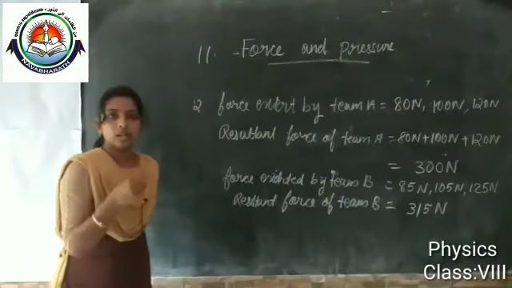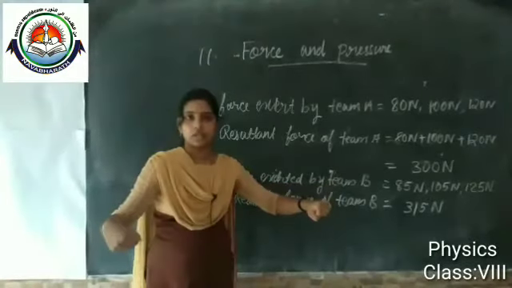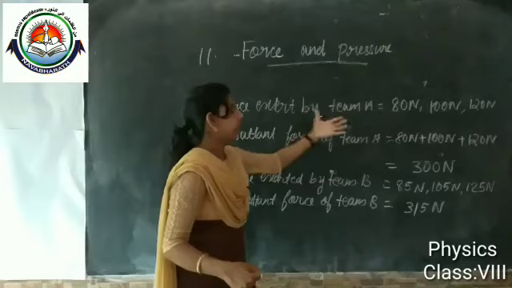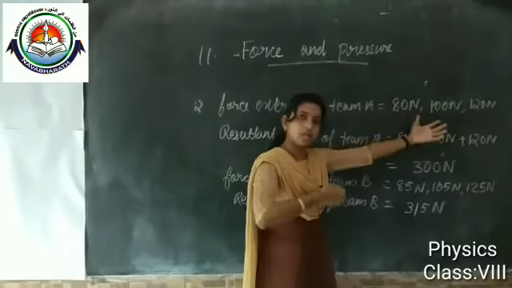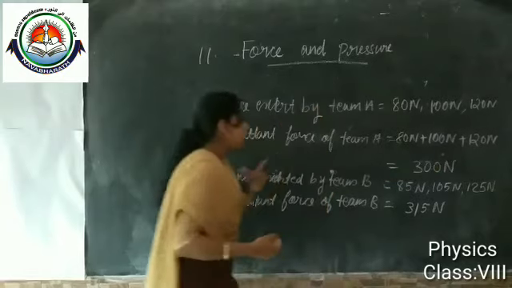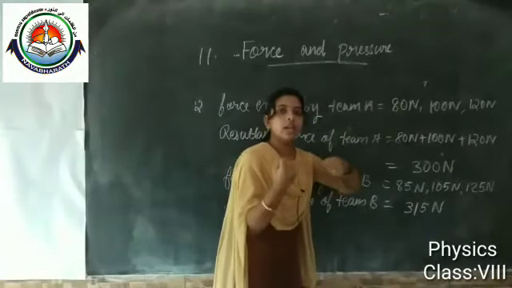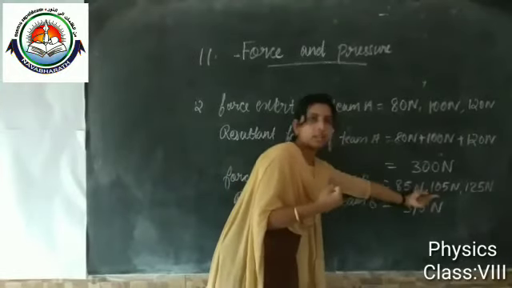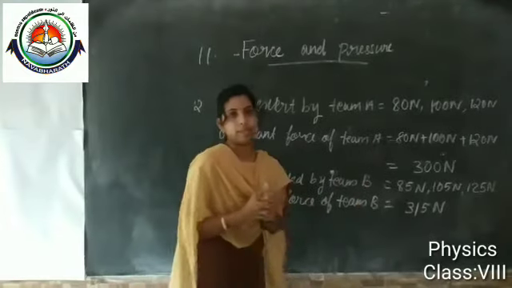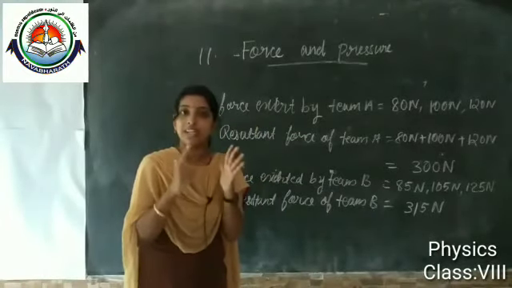So what we need to find out? The resultant force. That means they are pulling in opposite directions. Here we are adding these girls. Team A are applying the force in the same direction, so we are adding it. In team B, the three girls are also pulling the rope in the same direction, so we add the resultant force of team B. Actually, we have to find out the resultant force of the game.